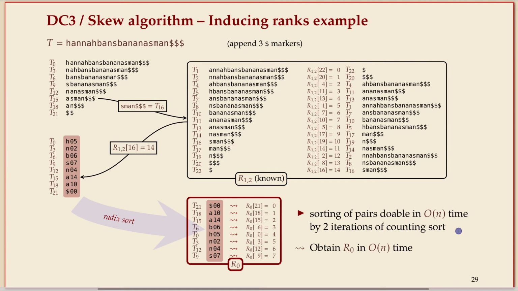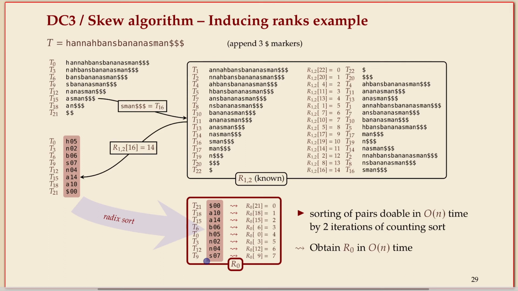In the first iteration, we sort by the last component, and these are literally numbers, the ranks here. And then in the second run, we sort by the first character of the pair. And that's characters, but we can always reduce the alphabet to all the characters that occur, and so it's never more than the number of strings in the list.